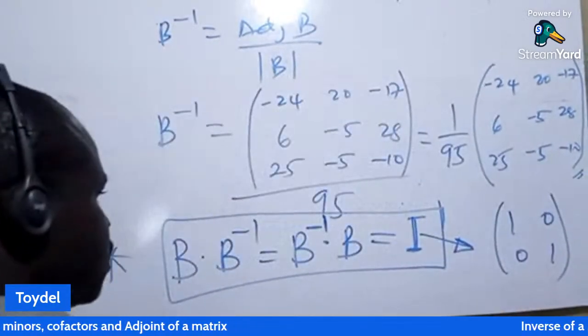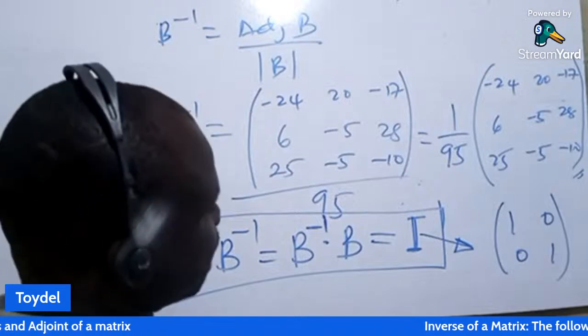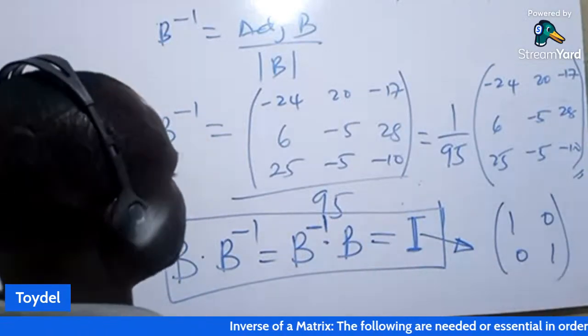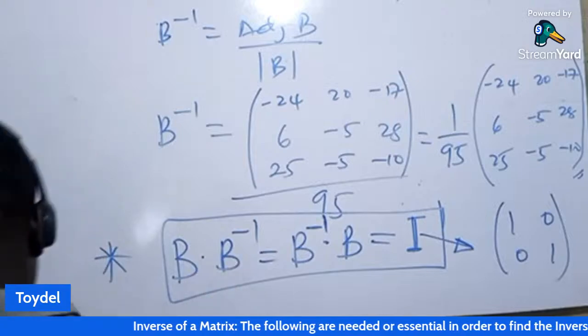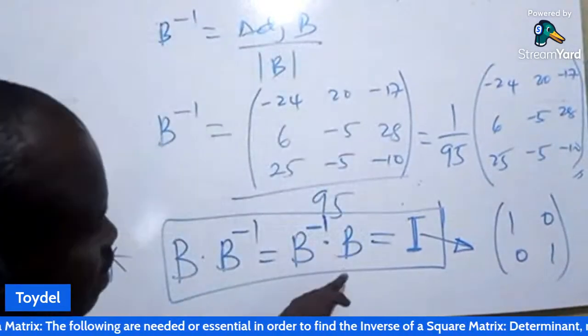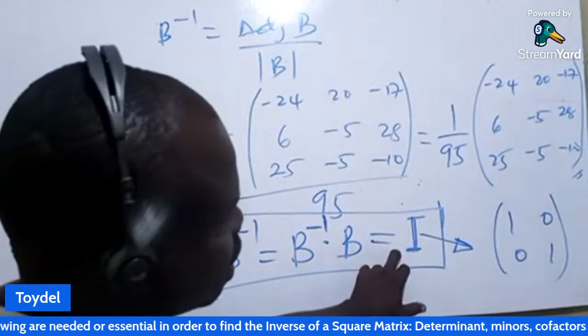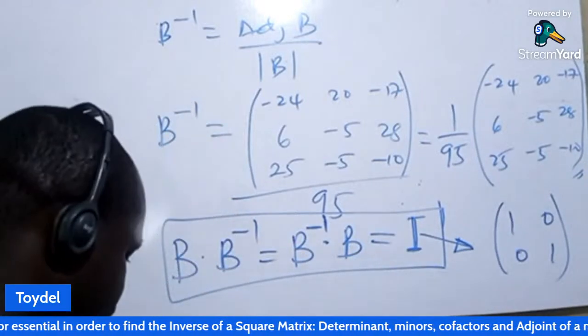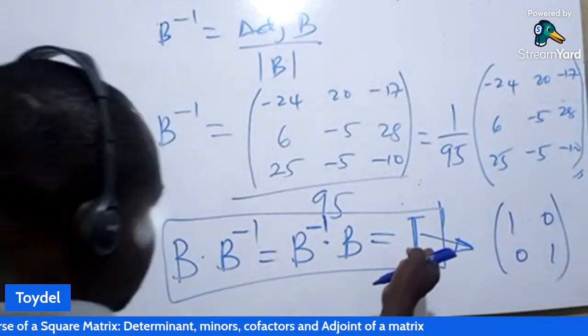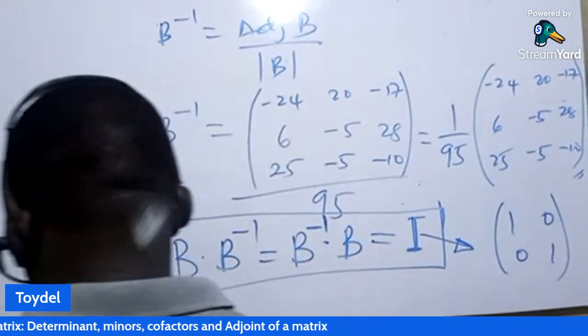This is what I'm talking about. So for 3 by 3, you have 1, 0, 0, 0, 1, 0, 0, 0, 1. So just try and check this. Use the matrix to multiply its inverse, or the inverse of the matrix to multiply the matrix, and check if you are going to get this unit matrix. I'm sure you are going to get the unit matrix.